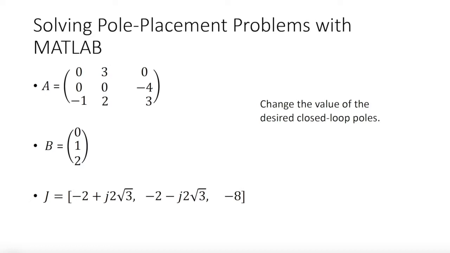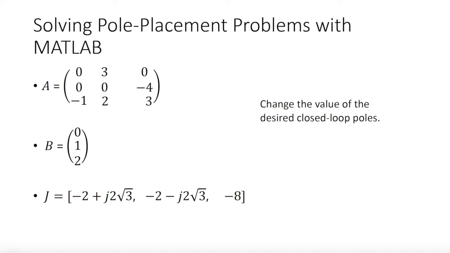Consider another example where A is a 3 by 3 and B is a 3 by 1 matrix, and J is a 3 by 1 matrix, which is the position of the desired poles of the closed loop system using the state feedback control.